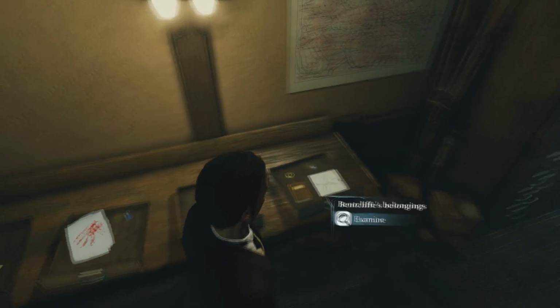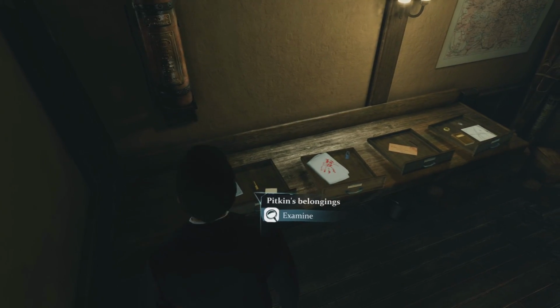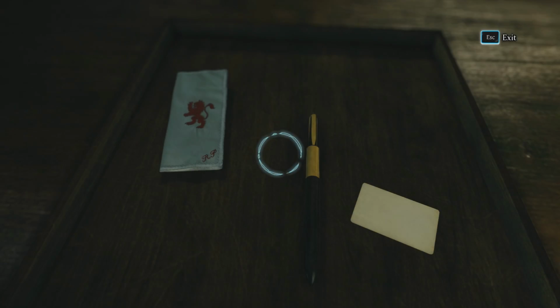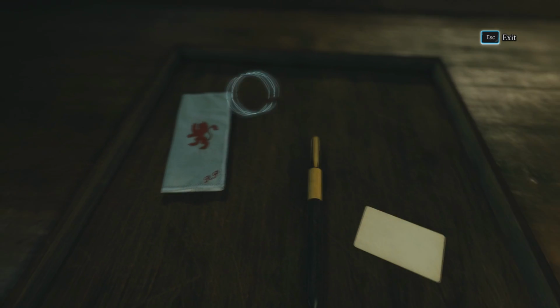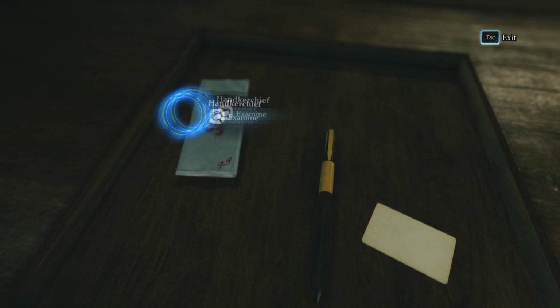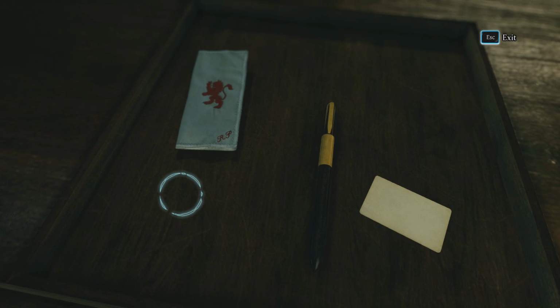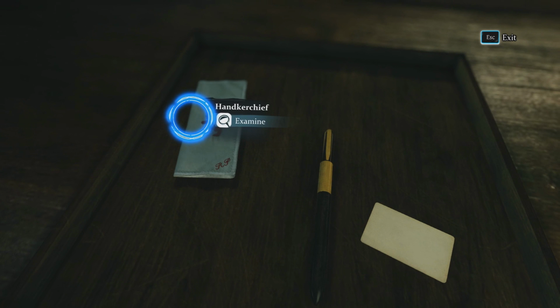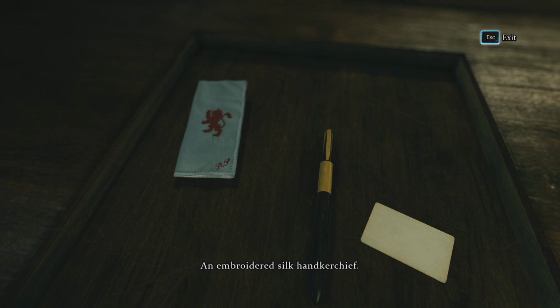Pitkin's belongings, Garrow's belongings, Blinkhorn's belongings, and Bentcliffe's belongings. Let's start with Pitkin. He was the one with the bloody handprint on his towel, if I remember correctly. Look, it's Gryffindor's symbol! An embroidered silk handkerchief.